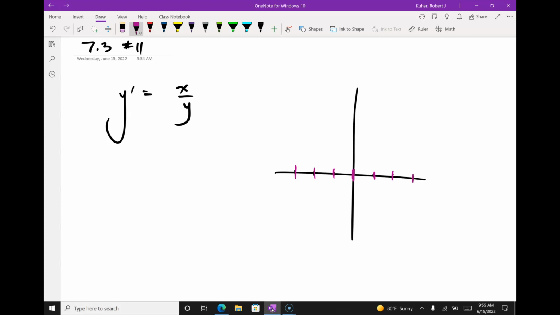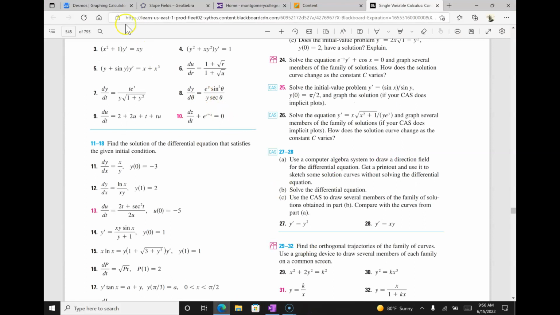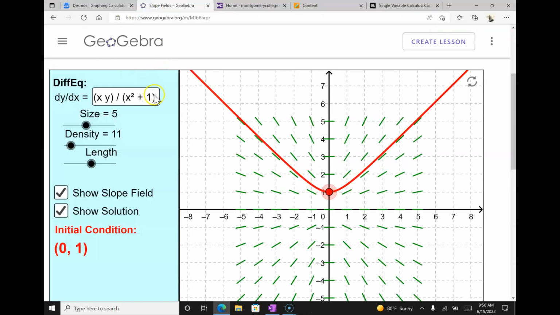If I go up to y is 1, and x is variable, I can see the slope will just come from x. So when x is 1 and y is 1, I've got a slope of 1. When x is 2 and y is 1, I have a slope of 2. So you can kind of see I'm going to get some kind of a net like that, right? It's so silly to do it by hand, though. So we're just going into our program here. So x divided by y, and enter.